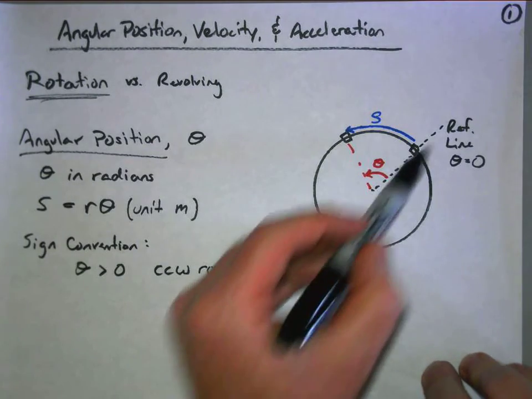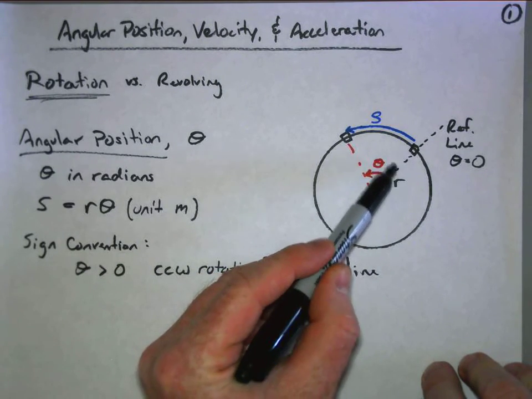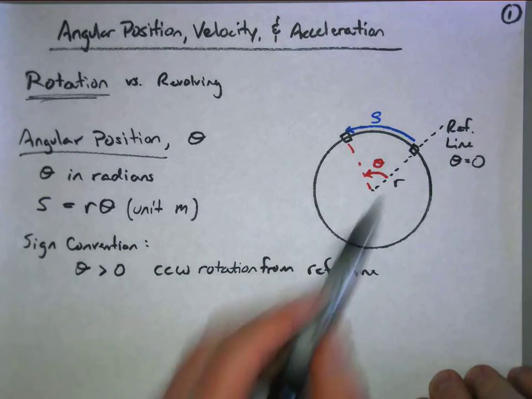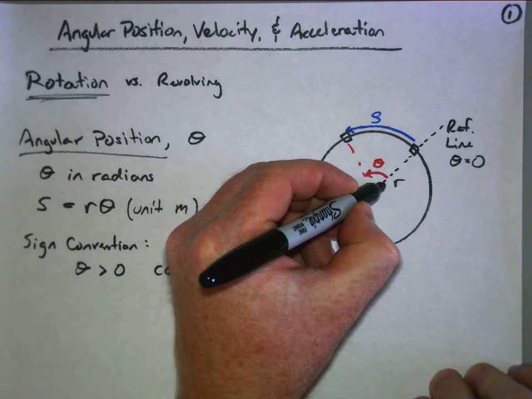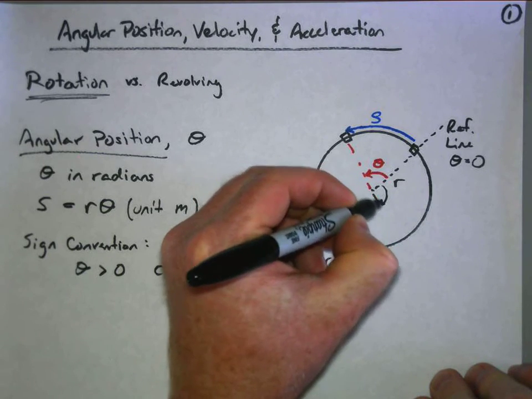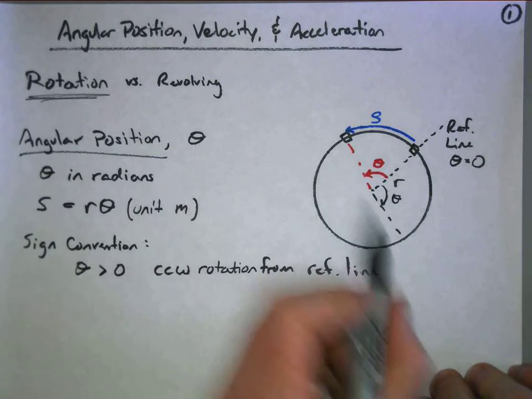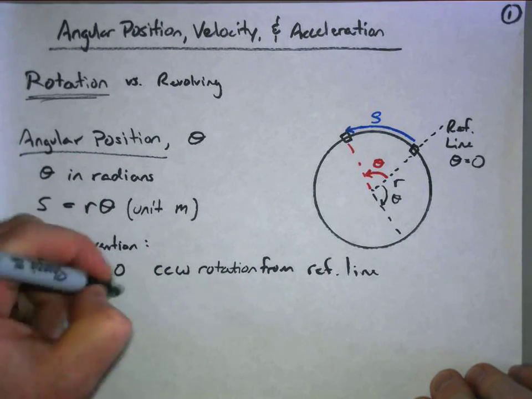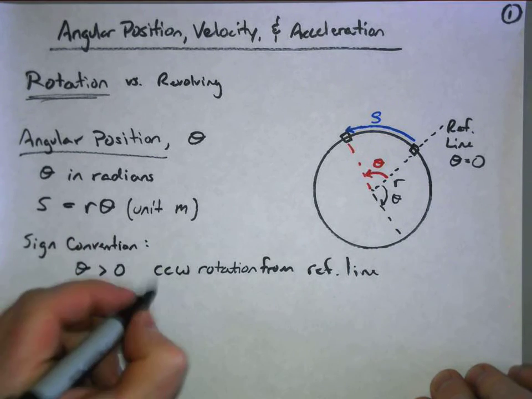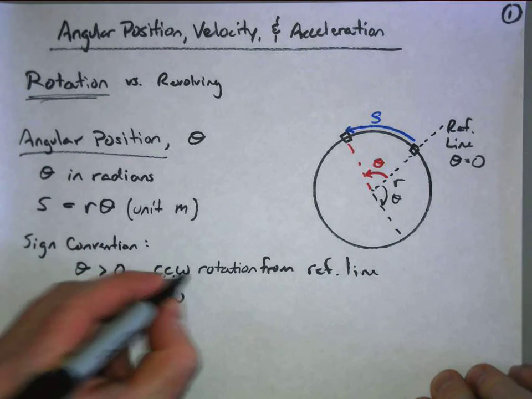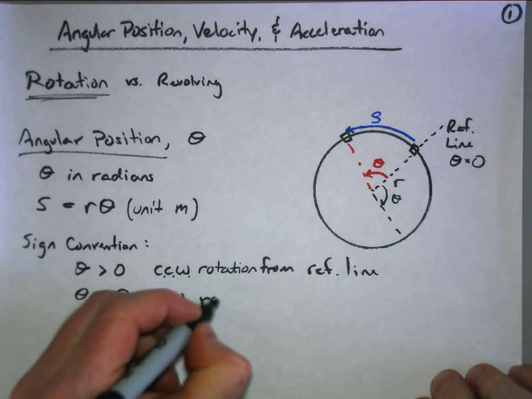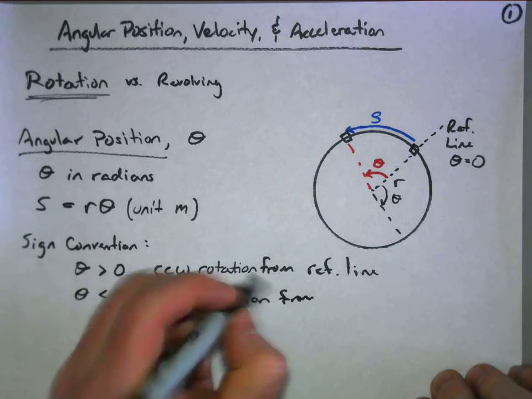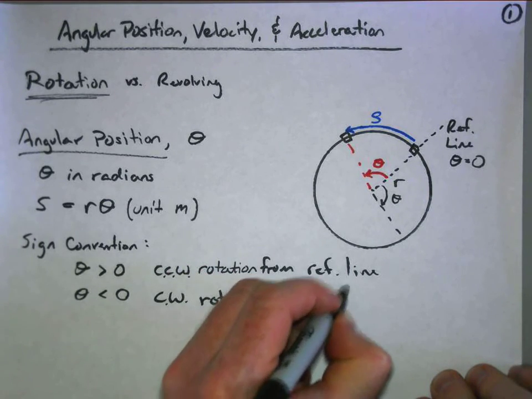So wherever the reference line is, if we see a counterclockwise rotation, then theta will be positive. If we see a rotation that is clockwise, on the other hand, then the value of theta in this case would be negative. So theta will be negative or less than 0 when there is clockwise rotation from the reference line.